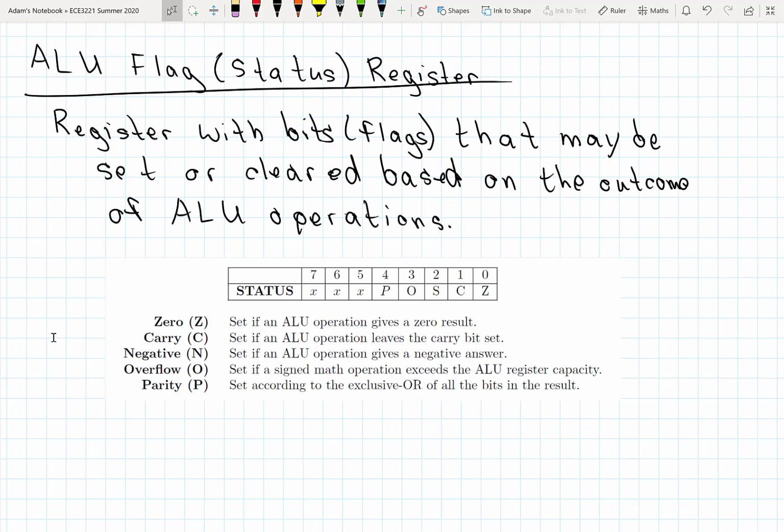So these flags are something that you can monitor, just to ensure that there's not any issues that are arising from these arithmetic and logic operations. Just note the NIOS 2 actually doesn't have an ALU flag register.